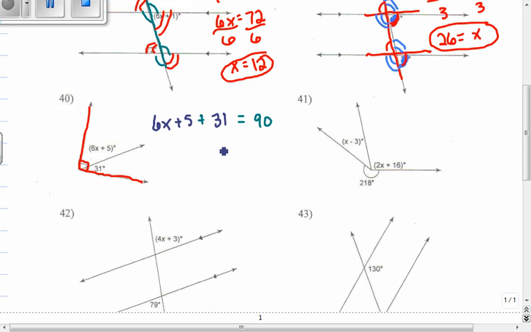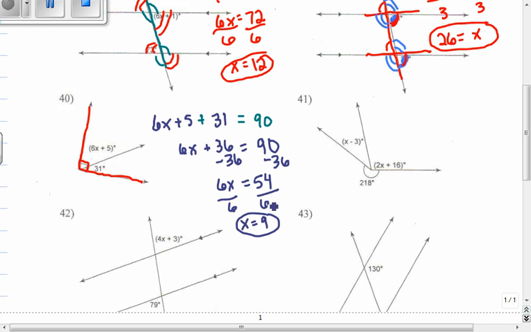So now let's combine like terms. 5 plus 31 is 36. So 6x plus 36 equals 90. Subtract 36 from both sides of the equation, which tells me that 6x equals 54, and that means that x equals 9. Very good.